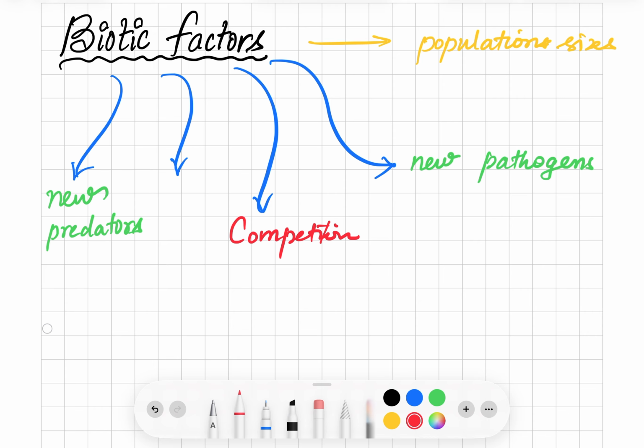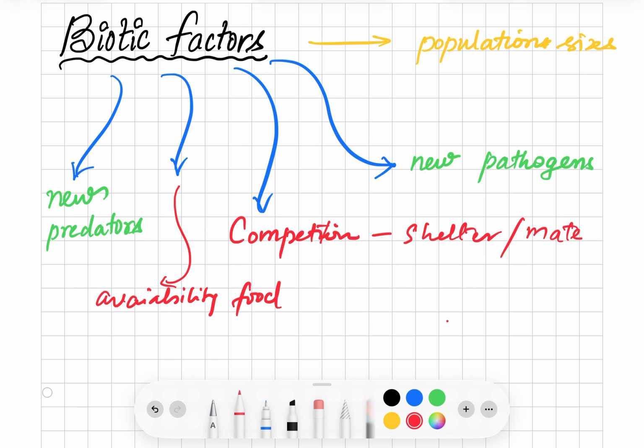It could also be because of the competition, and competition, as you know, is basically for food, isn't it? It could also be for other reasons other than food, such as shelter or mates.